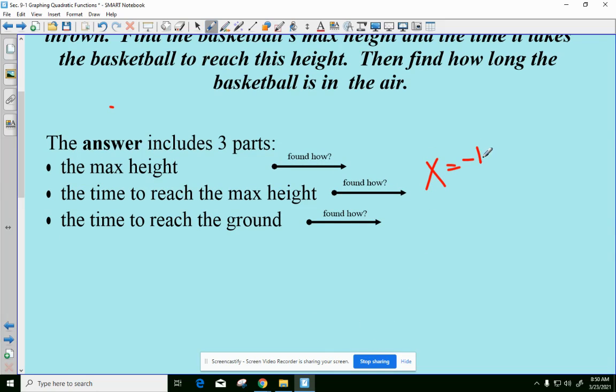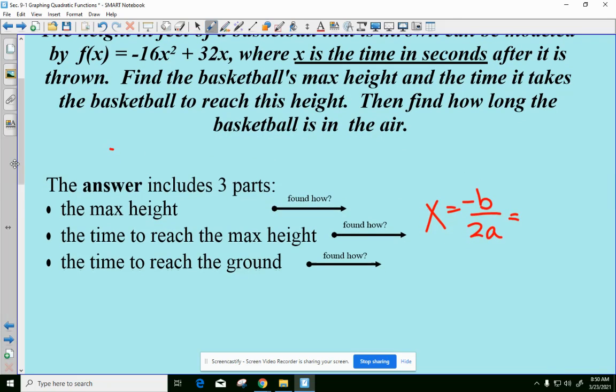If I use the formula the opposite of b over 2 times a, what is b in this problem? What is b? So I'm putting in negative 32 divided by 2 times a, and a is a negative 16. So the answer to that is what? 1.